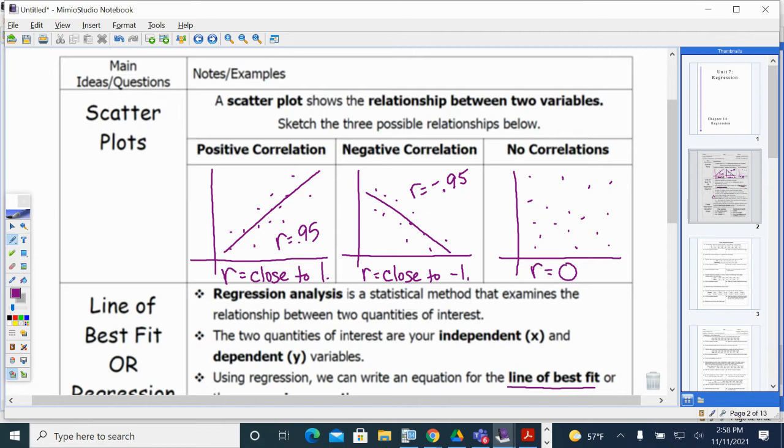So the closer they are together. So let me give you an idea. So if I have dots that are extremely close together, and you can easily see that line, this is a correlation coefficient that would be closer to 1. So this one might be 0.99.